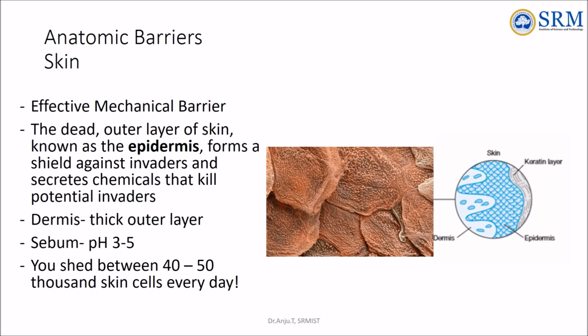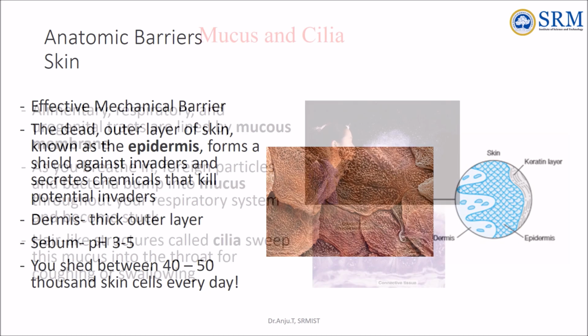The sebaceous gland secretes a wax-like substance called sebum. It consists of lactic acids and fatty acids, which help to maintain a pH around 3 to 5. This low pH helps in inhibiting the growth of microorganisms, thus preventing their growth and entry.